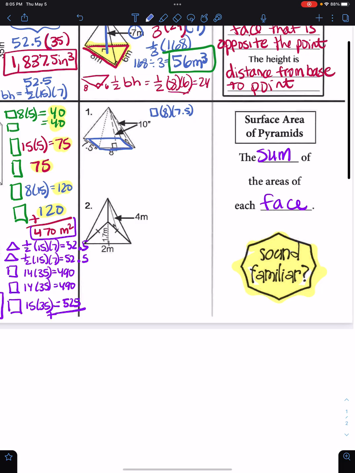Two of them have a base of 8, and two of them have a base of 7.5, but they all have a height of 10. So I have 4 triangular faces. Two of them are half of the base times the height, where the base is 8. And two of them are half of the base times the height, where the base is 7.5.